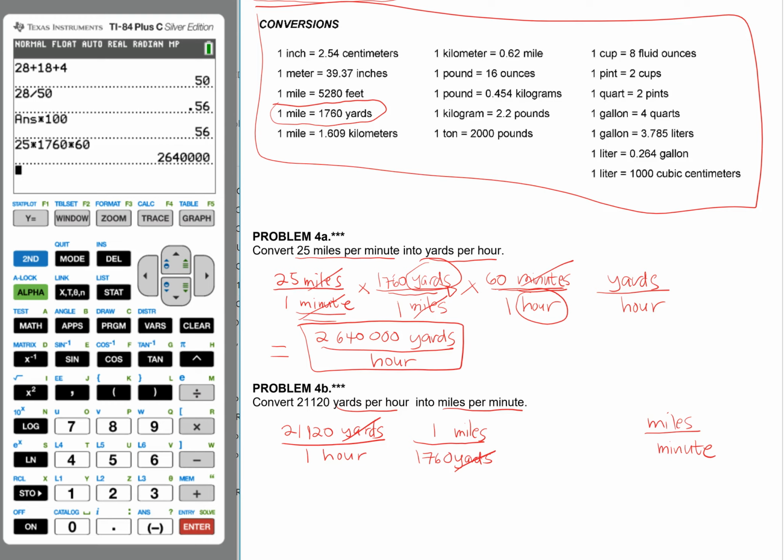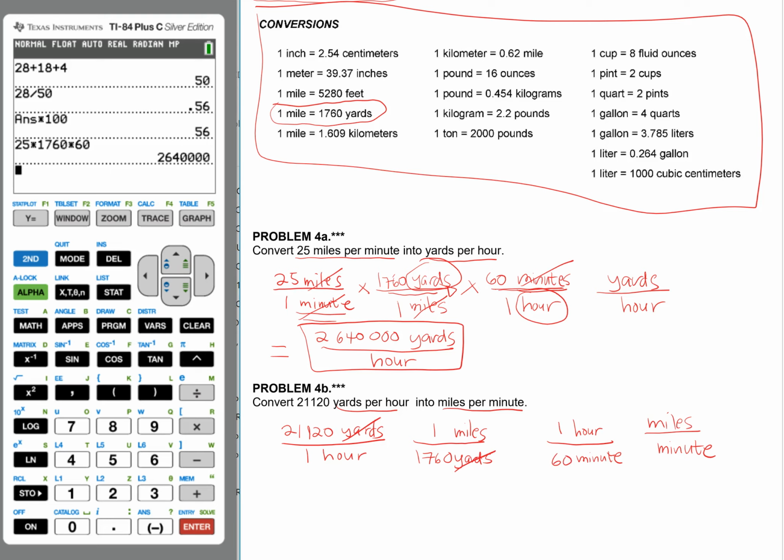Now for the hour, I want to cancel out hours, so hours should be on top and minutes on the bottom. So try to identify the standard equivalent of hour and minutes. 1 hour is equivalent to 60 minutes.